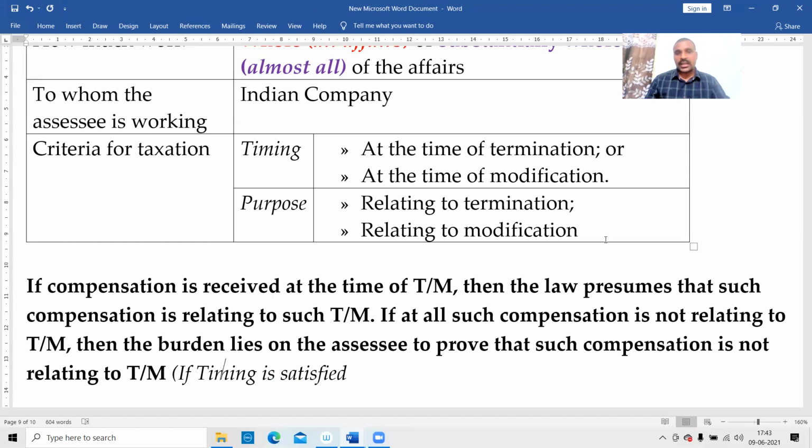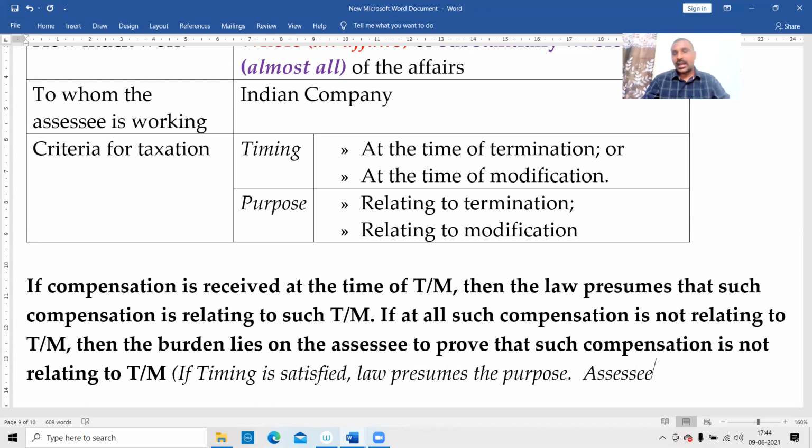If timing is satisfied, law presumes the purpose. Okay, and also the assessee has an option. An assessee can prove that purpose is not satisfied.